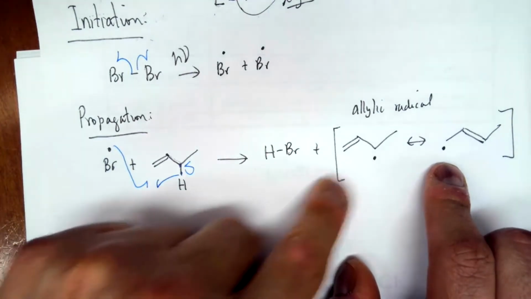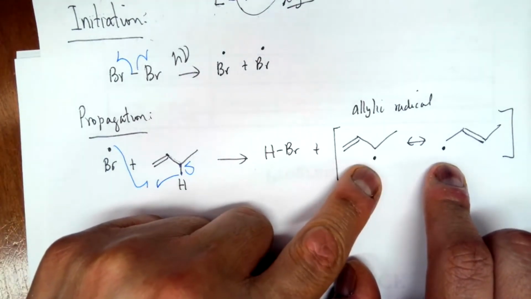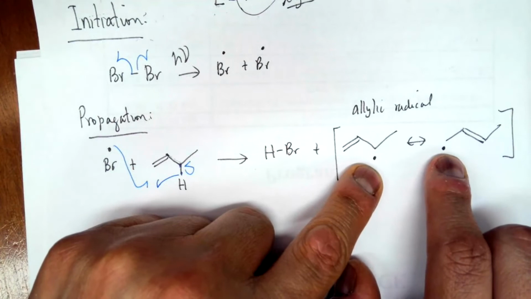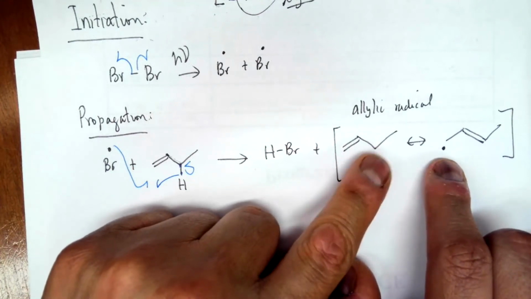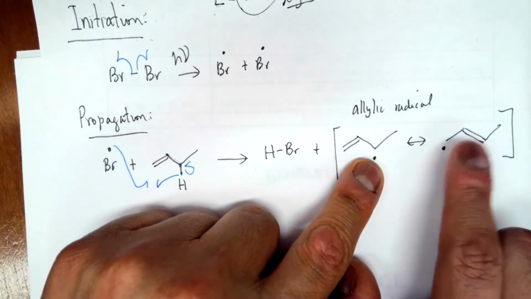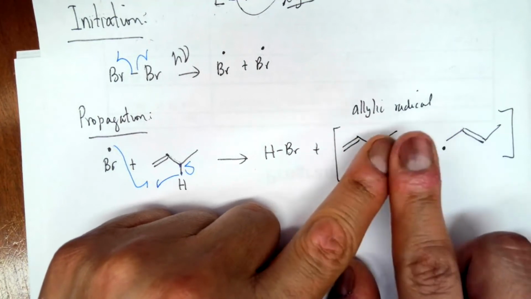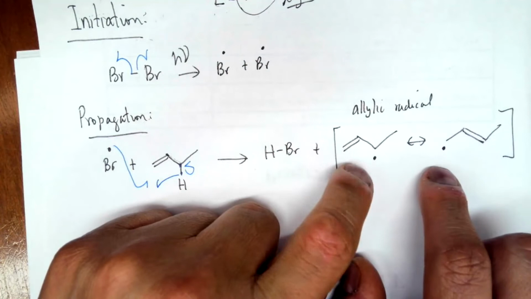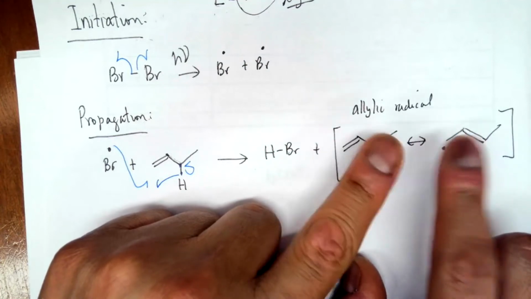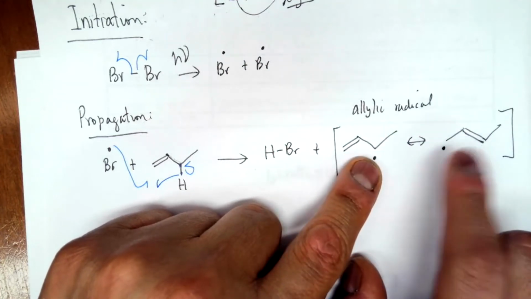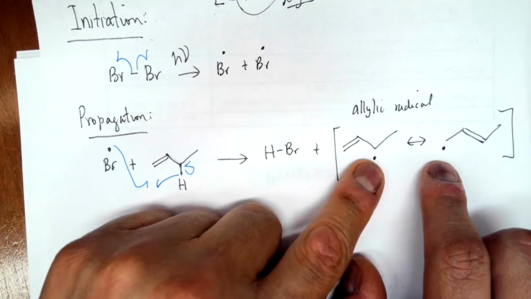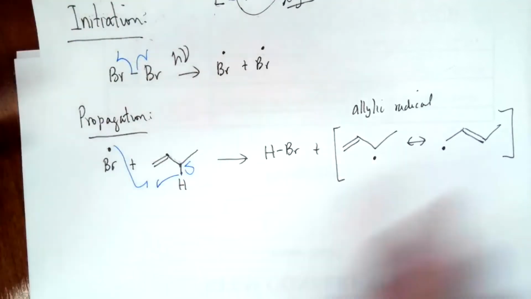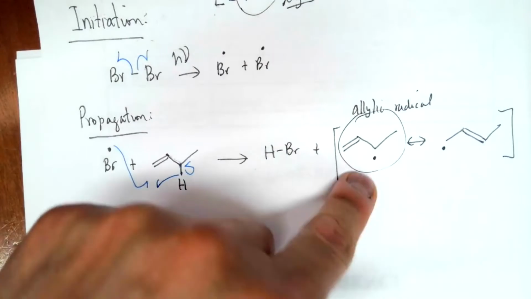You will say, professor, the secondary allylic should be more stable than the primary allylic. True, very true. So I should get slightly more of this product than this product, but not by too much, because remember that allylic is already highly stable. So secondary and primary won't make that much difference. You will get slightly more of this one though. Yeah, you guys are right, this one should give you more product than this one. So let's do the mechanism only with this one.